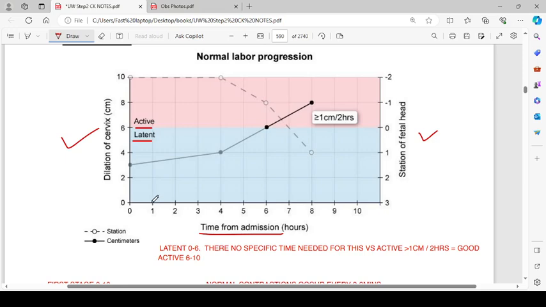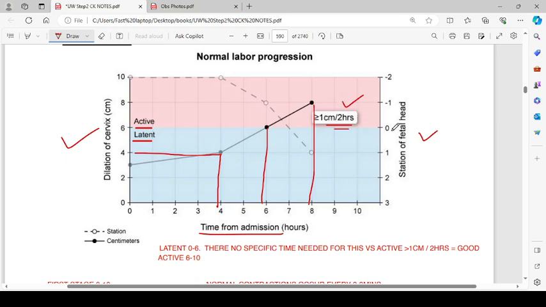You can see that cervical dilation should happen after about 4 hours of admission, at 4 centimeter dilation. There must be almost 1 centimeter dilation every hour, then 6, and then we have 8 centimeter dilation over here. So more than 1 centimeter dilation every 2 hours should happen.